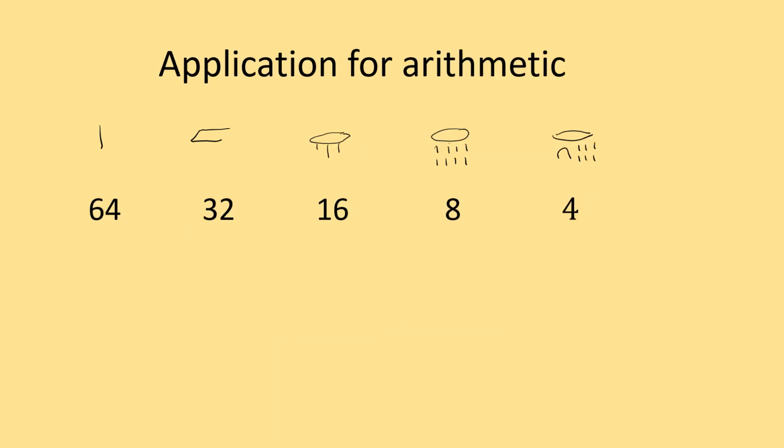We can make some other connections between the Middle Netcher numerals and the Hindu-Arabic numerals. Take, for example, the halves of 64. So we have a whole 64, half of 64, 1/4 of 64, 1/8 of 64, and 1/16 of 64. Or 64 divided by 1, 64 divided by 2, 64 divided by 4, 64 divided by 8, and 64 divided by 16.